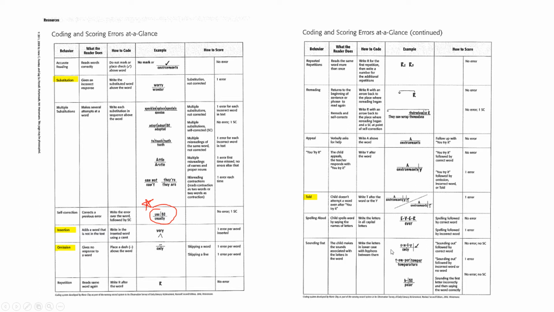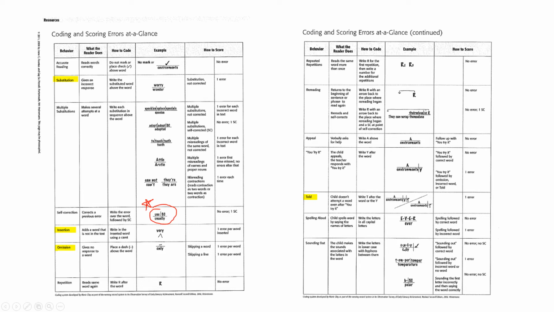So if the child says t-, temper, all right, if they get to say the actual word, so if they actually would say o-n-l-e, only, right? They got to the word, and that sounding behavior or that partial articulation led them there. So we're not going to count this partial articulation as error behavior.